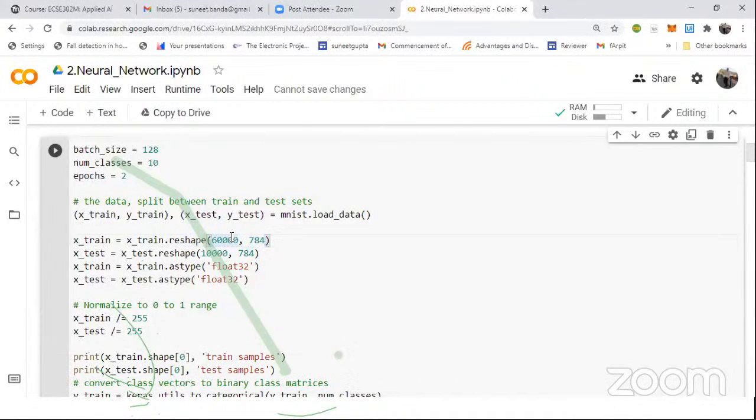So 60,000 for the train, and 10,000 for the test. Here we are only normalizing the data. Because these are grayscale images, the maximum value of a pixel is 255 and the minimum value is 0.